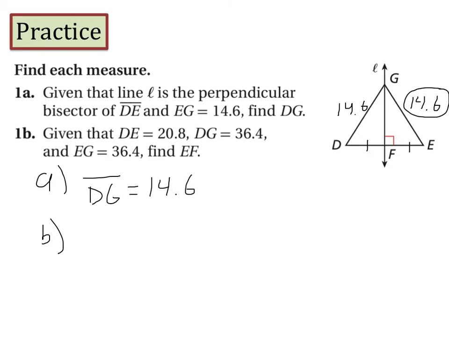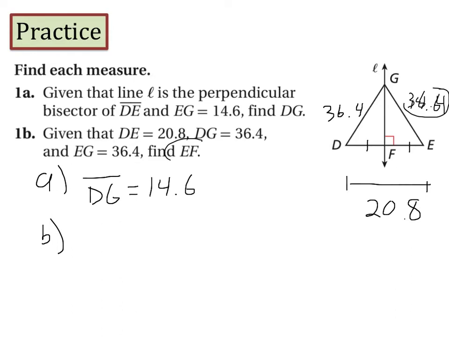For part B, we're given that DE is 20.8. Now we know that DG is going to be 36.4 and EG is 36.4.